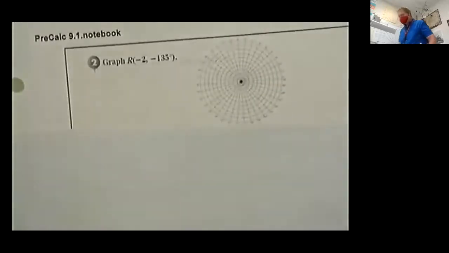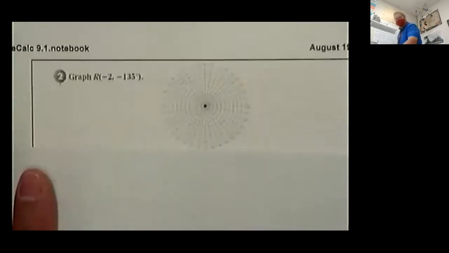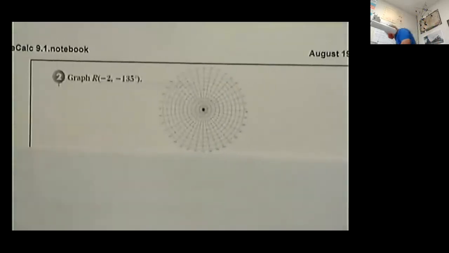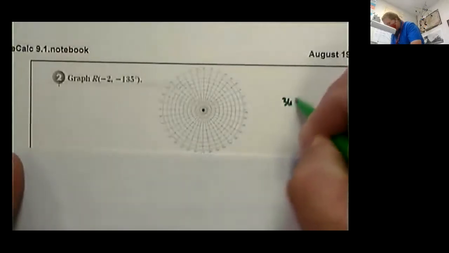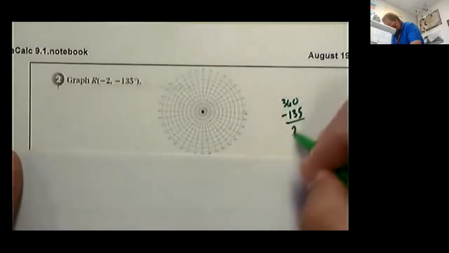Next up, let's graph the point (-2, -135°). One way you can think about this is we can just go backwards, clockwise, negative 135. And where does that take us? Well, that takes us to 360 minus 135, which is 225.